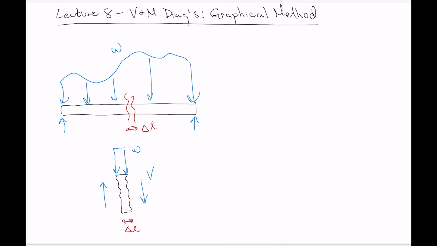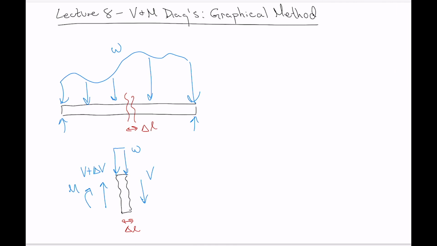Now, if the shear on this side is V, and we also have a downward distributed load, then the shear on the other side has to be a little bit larger than V, so we'll call it V plus delta V, some small increase in shear. And then similarly, let's put our internal moments on in the positive direction.